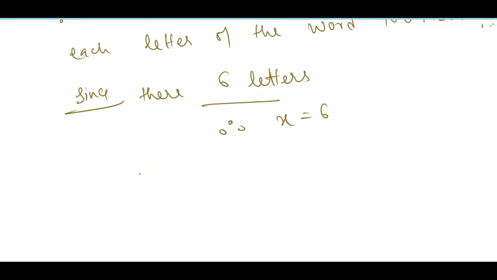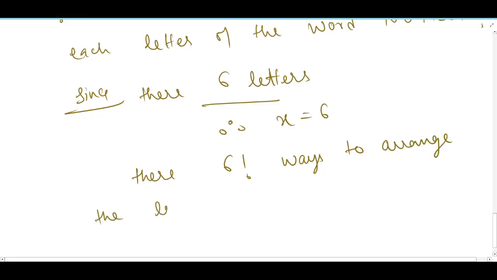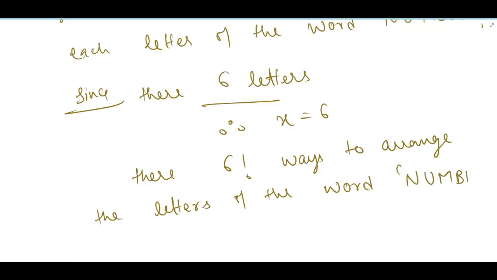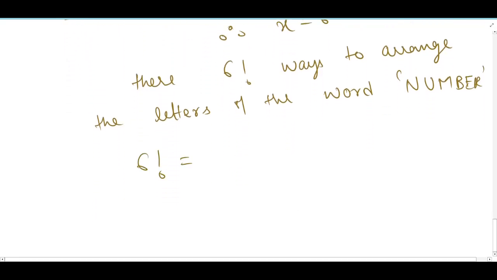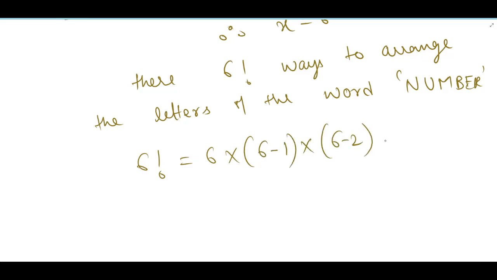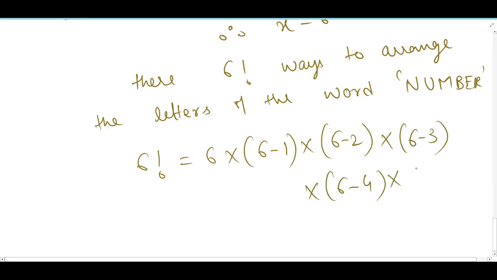So there are 6 factorial ways to arrange the letters of the word number, which is given by 6 factorial is equal to 6 into 6 minus 1 cross 6 minus 2 cross 6 minus 3 cross 6 minus 4 cross 6 minus 5 and 1 into 1.